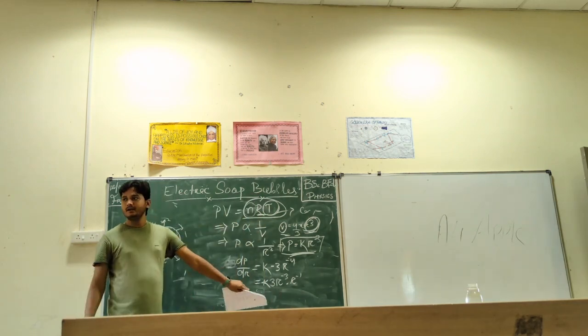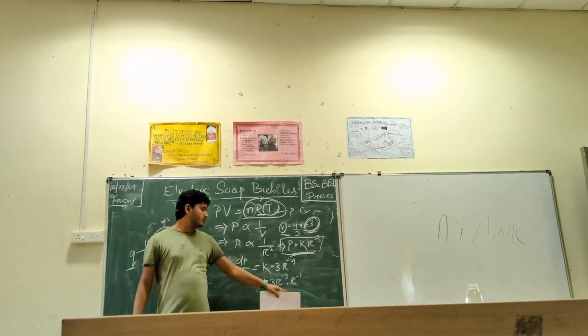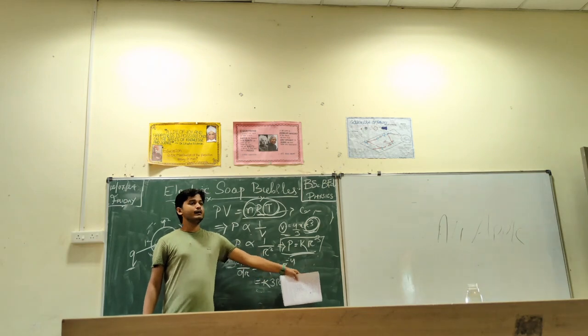We can write it this way, minus 3K into r to the power minus 4.